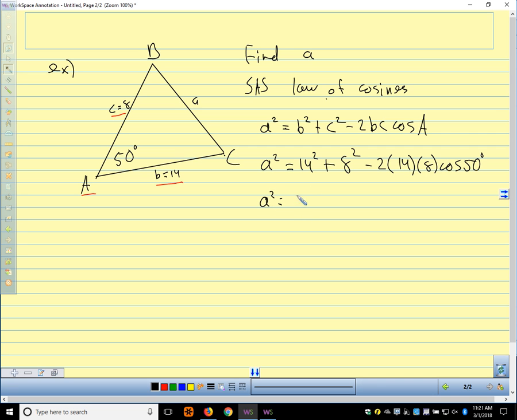14 squared is 196. 8 squared is 64. Minus 2 times 14 times 8 is 224. And the cosine of 50 is 0.6428. So notice if I do it this way, I keep 4 decimal places.